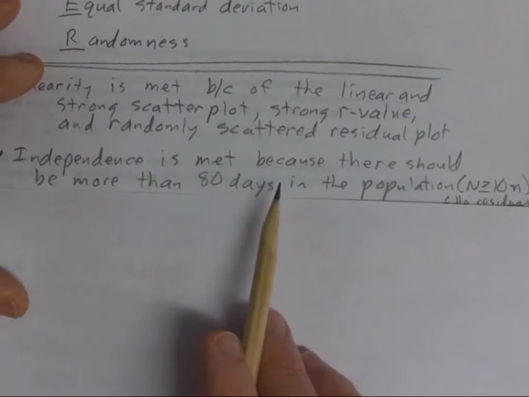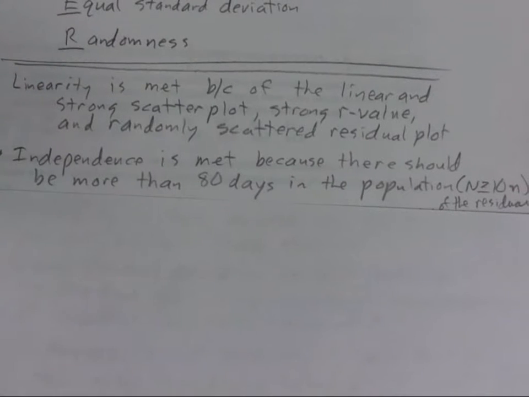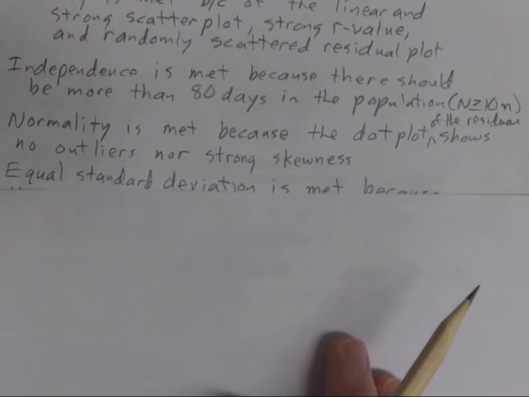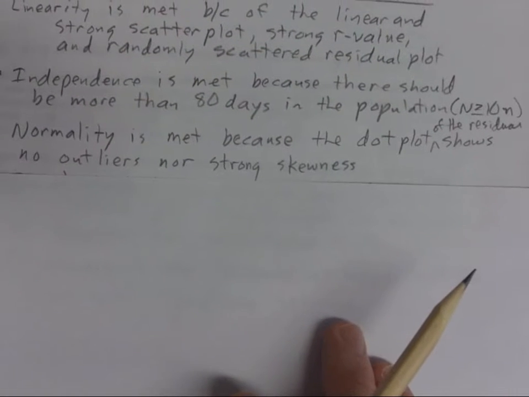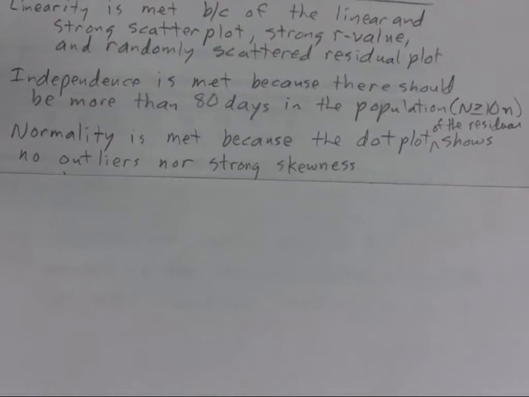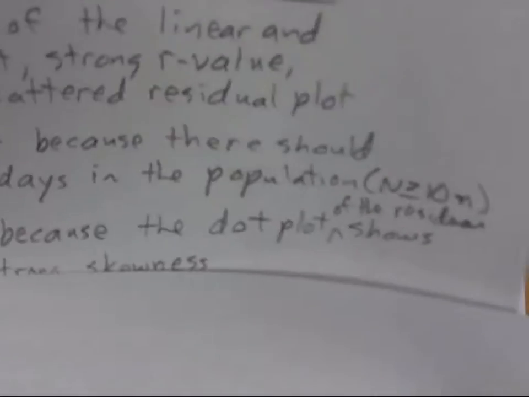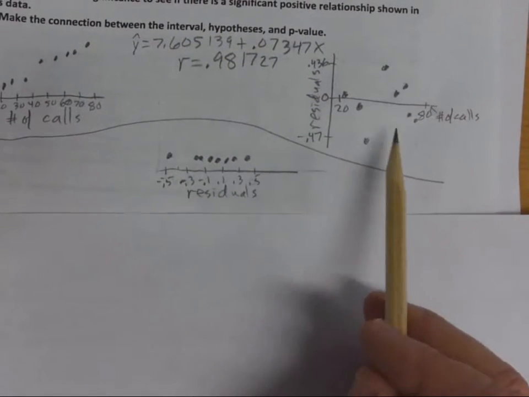Independence is met because our population size is clearly bigger than 10 times our sample size, really. There surely is more than 80 days in the total population. Now, normality. Normality is going to be met because we don't have any outliers or strong skewness in our plot of residuals. If we took our residuals and we graphed them, so this is different than a residual plot.